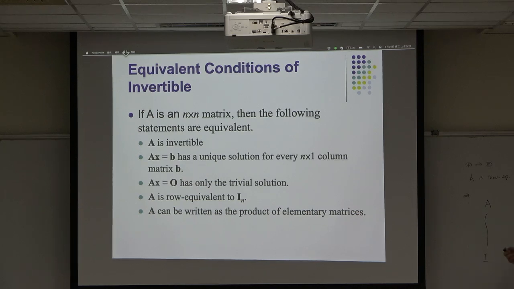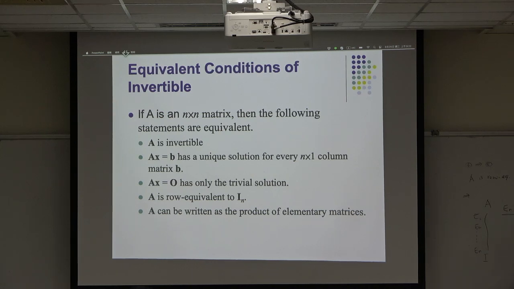That's what we call row equivalent. A is row equivalent to I_n, right? And then this is E1, E2, up to En. So in other words, En ... E2 E1 times A equals I.